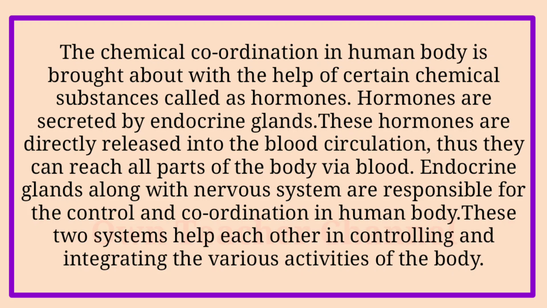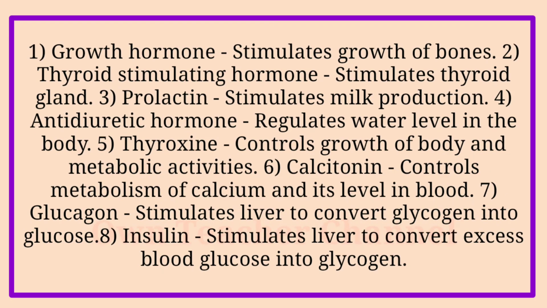Endocrine glands, along with the nervous system, are responsible for the control and coordination in the human body. These two systems help each other in controlling and integrating the various activities of the body. 1.